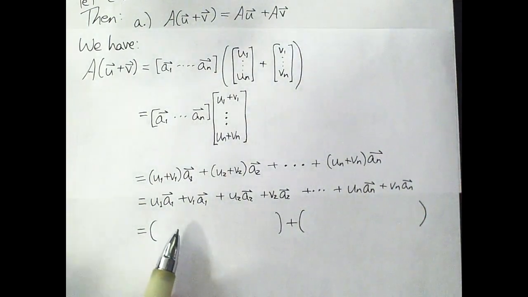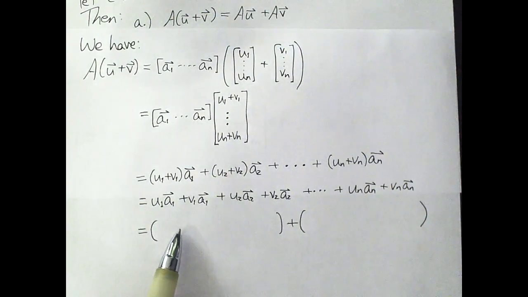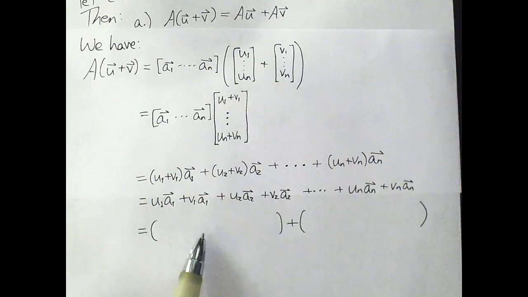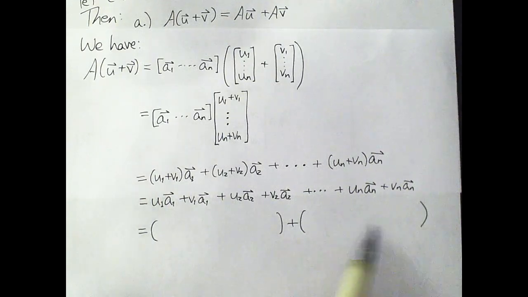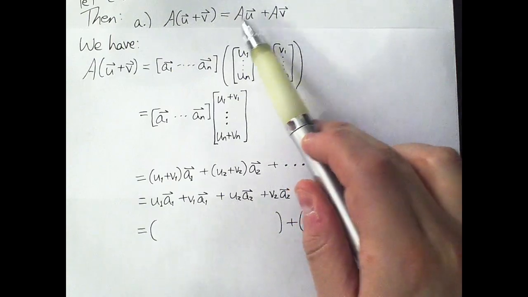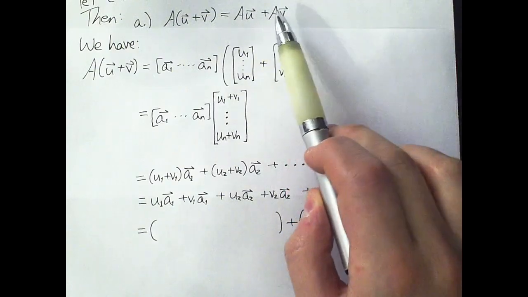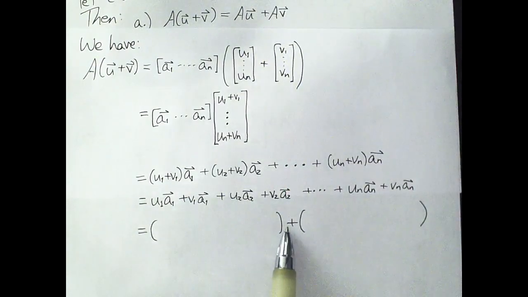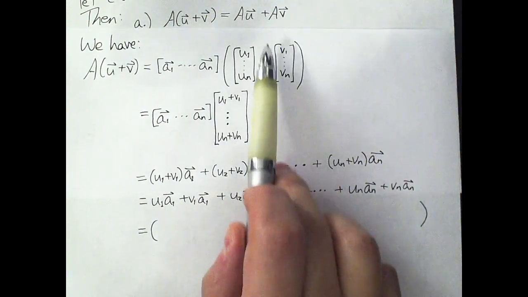I want to group together all of the things that involve u's over here and all the things that involve v's over here. Why am I doing that? Because look up here. We want A times u plus A times v. I have my plus symbol. That's the plus that goes here.